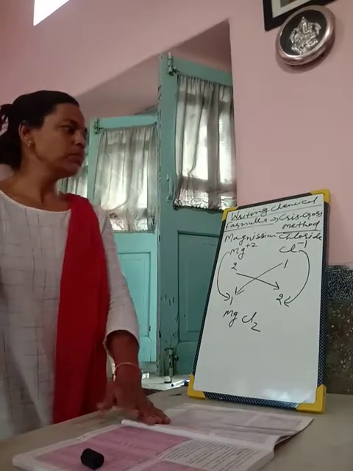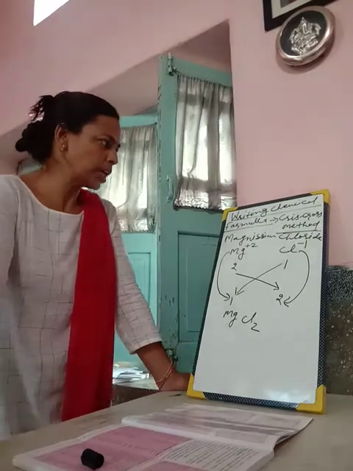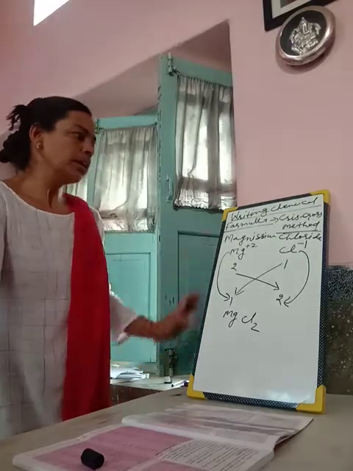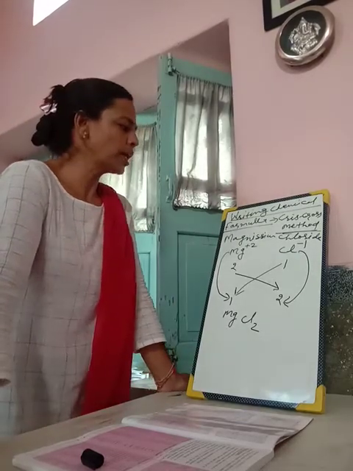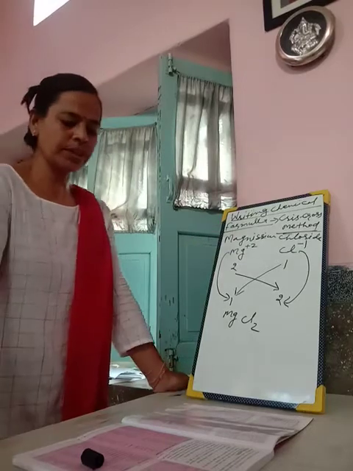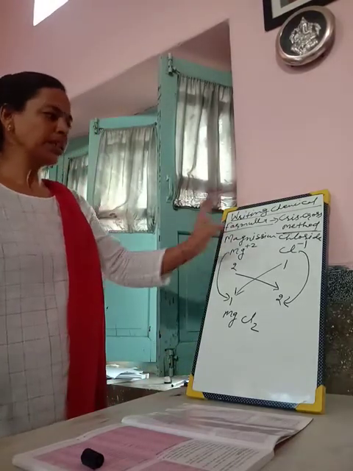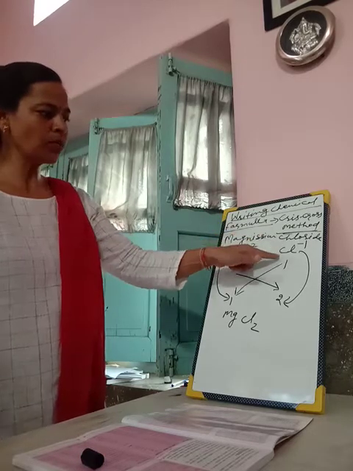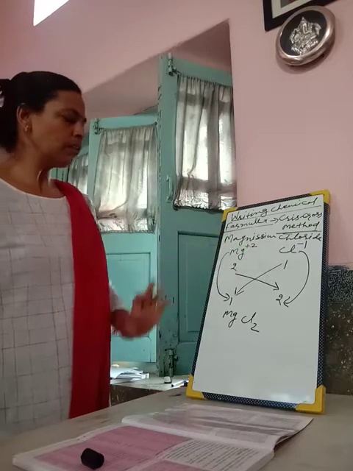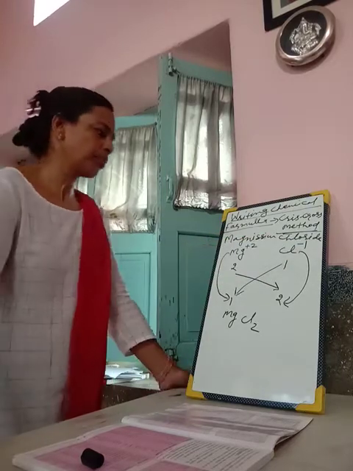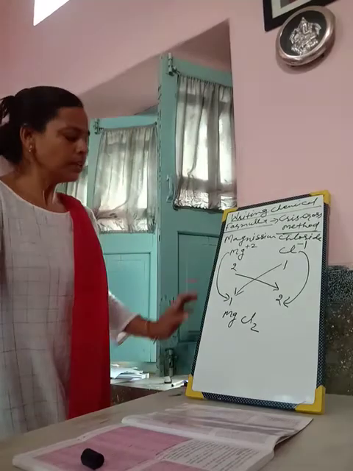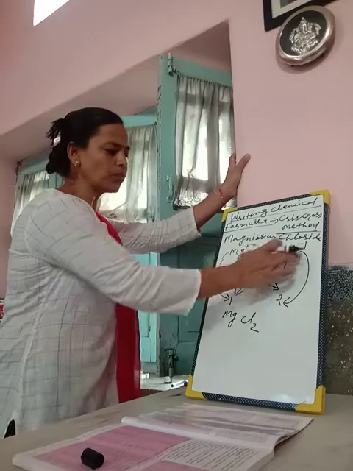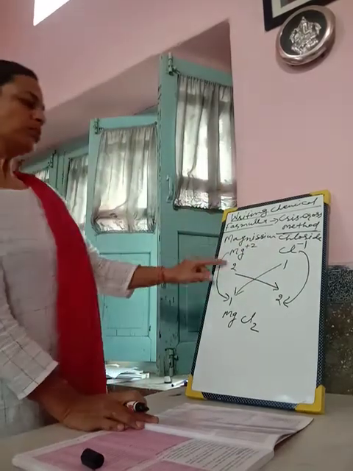Once again, the method from which we write chemical formula is crisscross method. First we write the name of a compound, magnesium chloride. Then write the symbol of magnesium and symbol of chlorine. Put their valency at the top of their symbol. Forget the charge and put them at the bottom of the symbol.